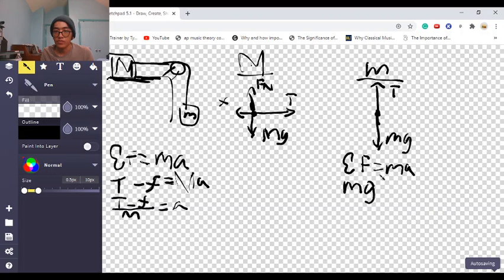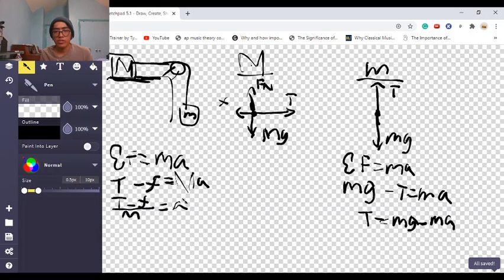The gravitational force minus tension equals the mass of the small block, m, times the acceleration. I'm not going to show you the entire thing because you can do it yourself, but tension is basically going to be mg minus ma, because when you subtract it here and flip the signs, it comes out like that. So this is going to be our tension.